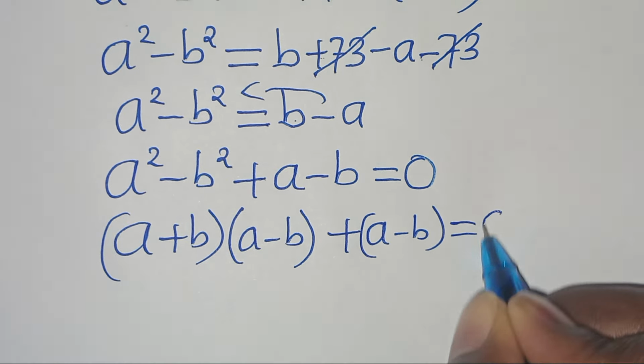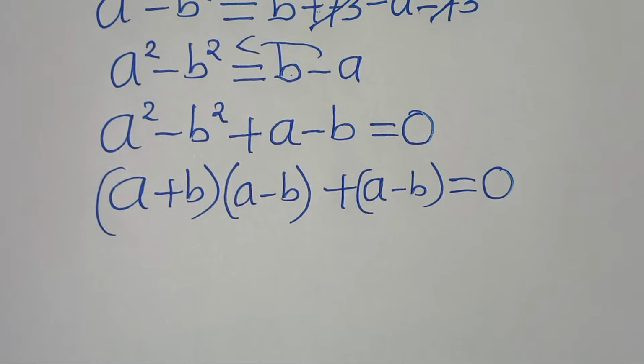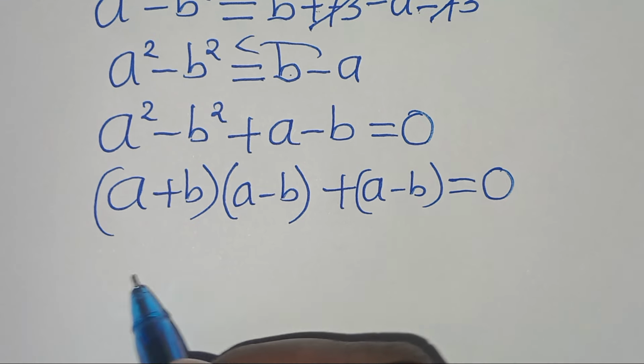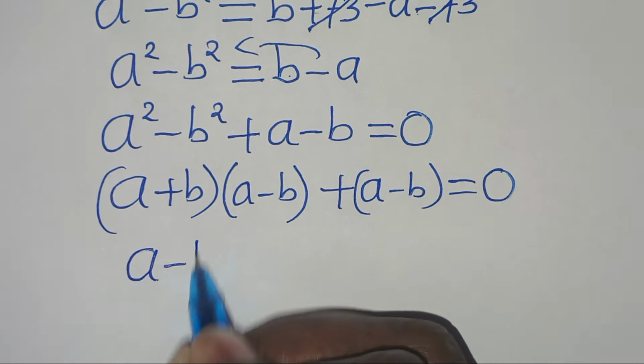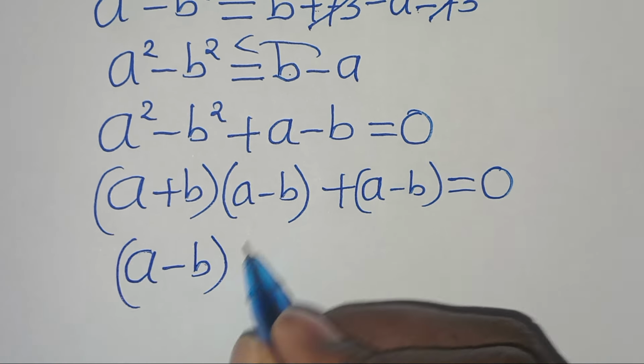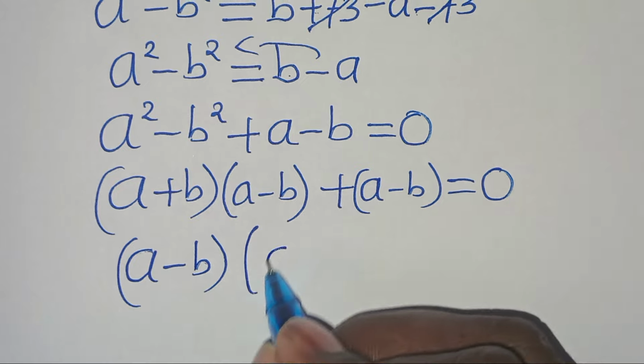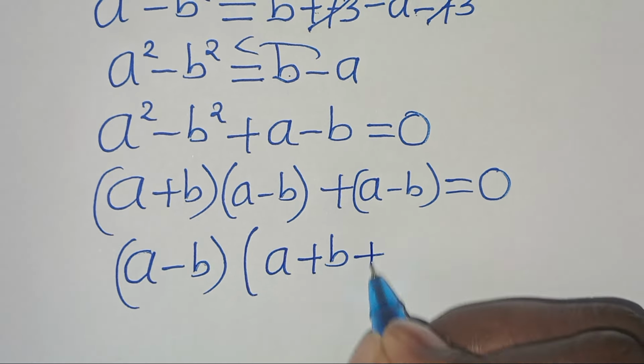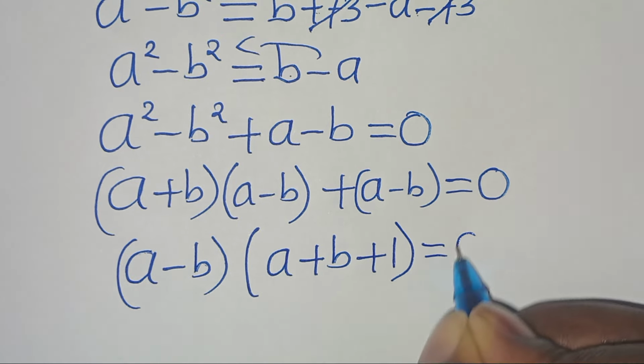This is equal to 0. Now, if you check here, a minus b is common, so we can factor out a minus b into the parentheses. This is a plus b, then plus 1. This is equal to 0.